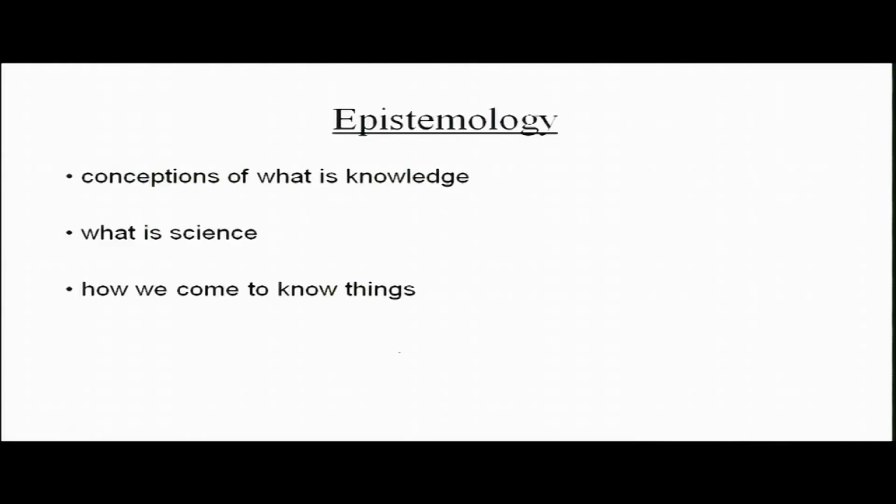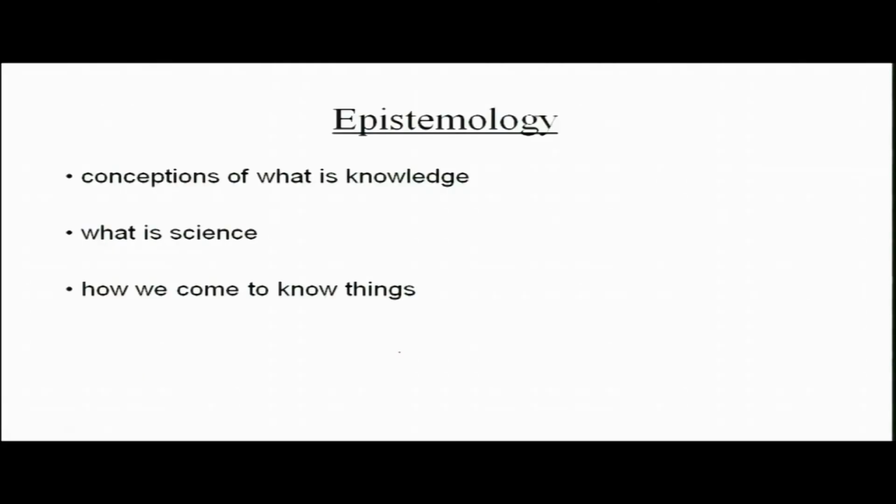We also need to look at how certain epistemological journeys have fared in respect of conceptions of what is knowledge, what is science, and how we come to know things.